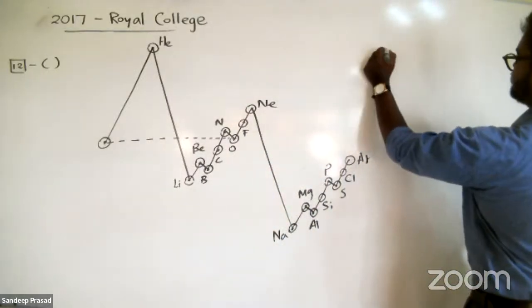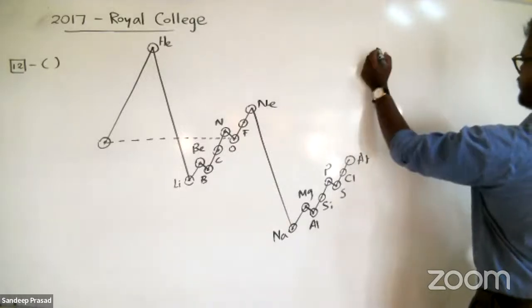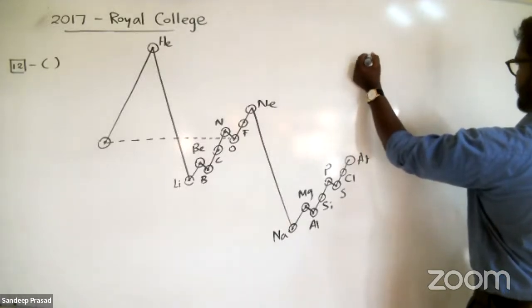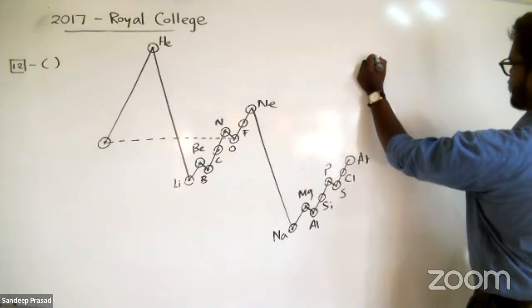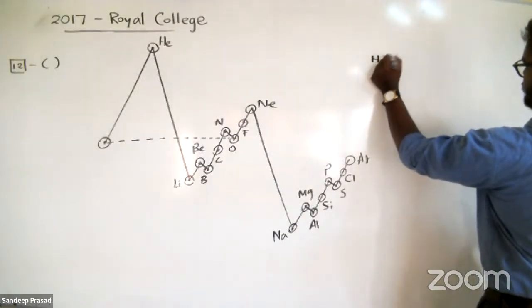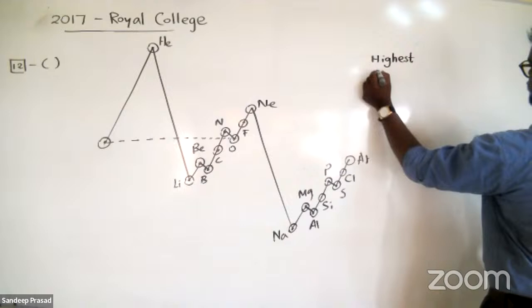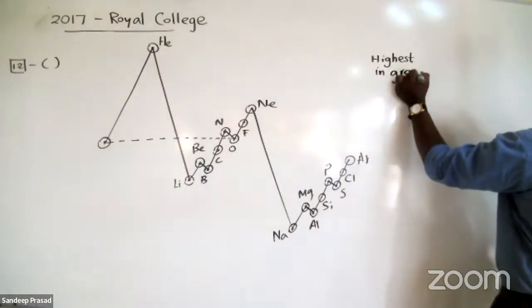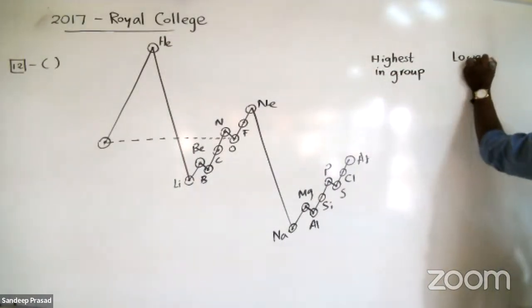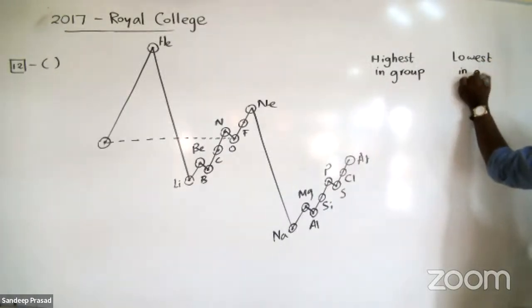And as a summary, I told you to remember this table. Look at this only. Highest ionization energy in which group? Lowest ionization energy in which group?